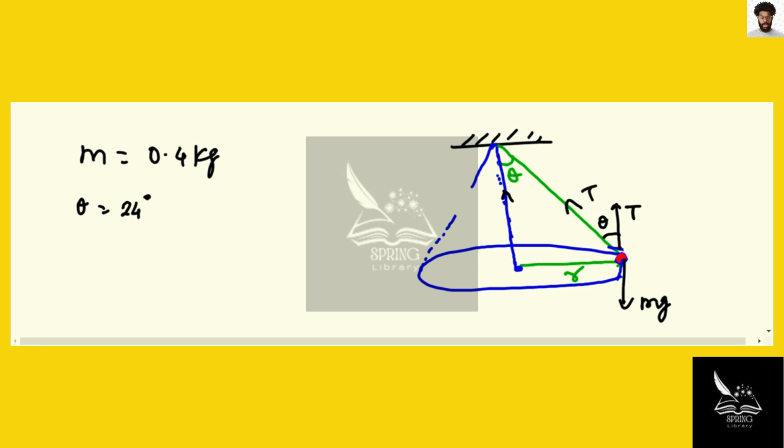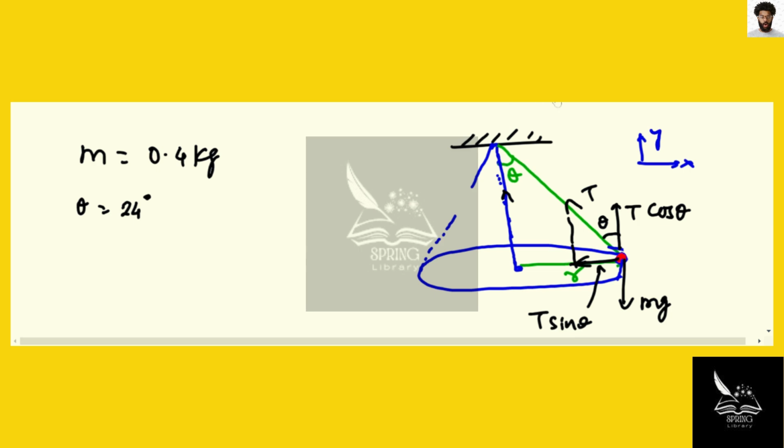So this component of the tension will be T cos theta, and this will be T sin theta, because we are resolving tension into rectangular components. Let us assume this to be the x-axis and this to be the y-axis.